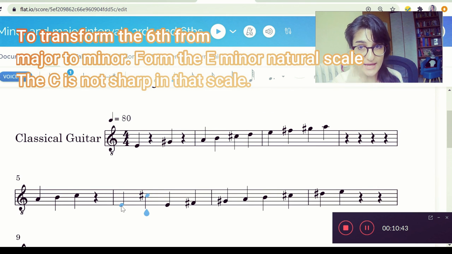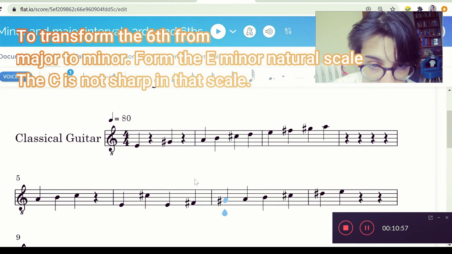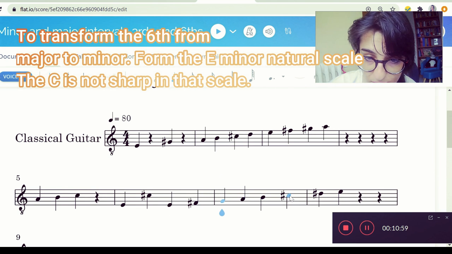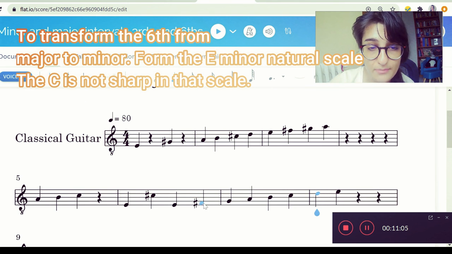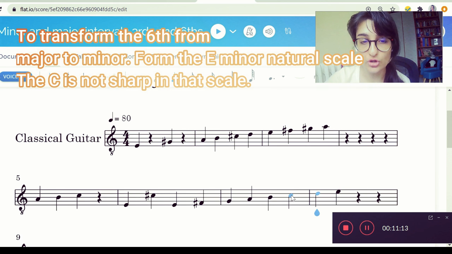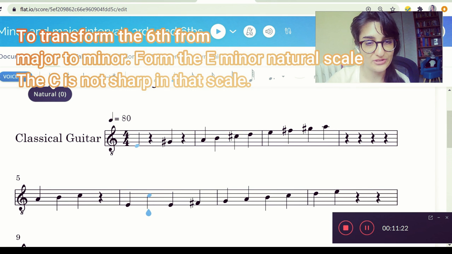G major has one sharp, and therefore the natural minor scale of E will only have one sharp as well, like we explained before. So let's do the natural minor scale. Okay, that's your natural minor scale of E. Now you tell me, is the C sharp in the scale? No, it's not. Therefore, to make this major 6 interval minor, we are going to have to unsharpen it, make it natural.